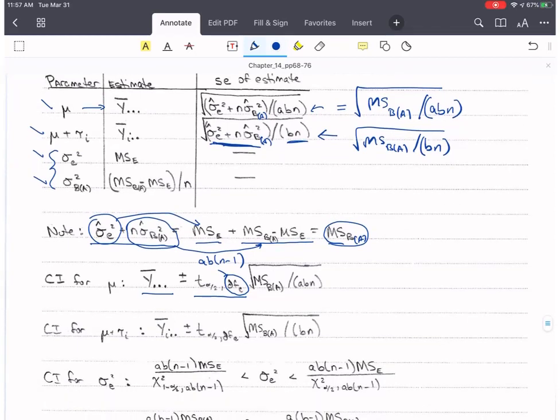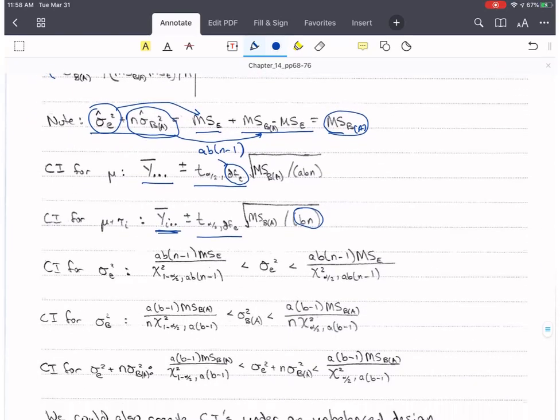For mu plus tau i, we have y i dot dot bar plus or minus, again, the same t critical value. Everything's the same, except here we're dividing by b times n instead of a times b times n, and instead of using y dot dot dot bar, we're using y i dot dot bar. So very similar, so please don't get them mixed up. But of course, we're going to let the computer do the calculations for us, so that should take some of the error out of that.